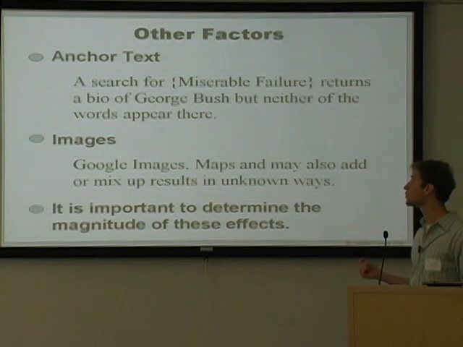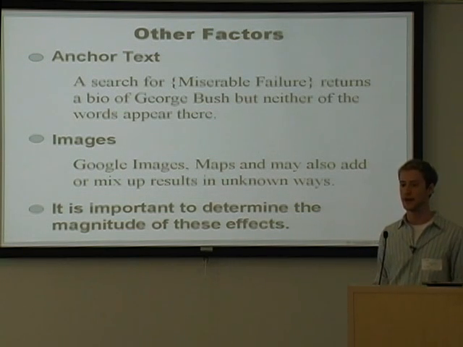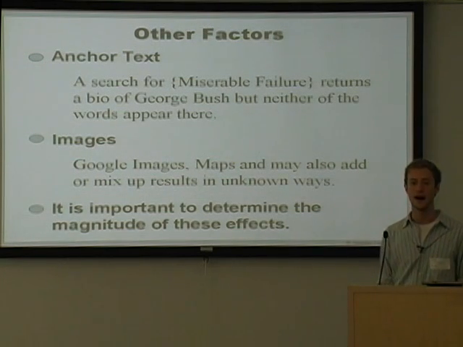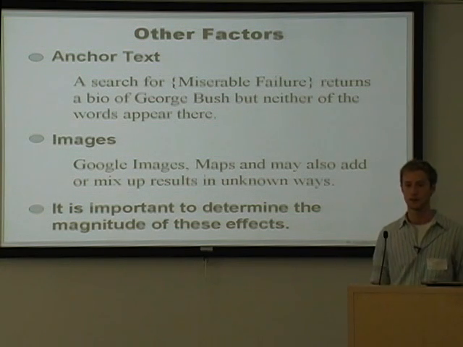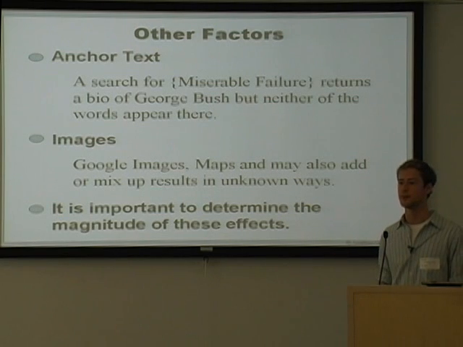Now, a search for "miserable failure" became famous when it returned the webpage for George Bush's biography on the whitehouse.gov website. Obviously, the words miserable or failure were found nowhere on that page, but Google still counted it as a result and counts it as a number.